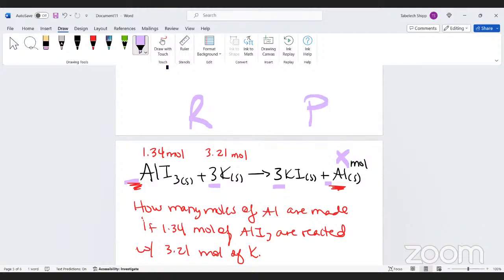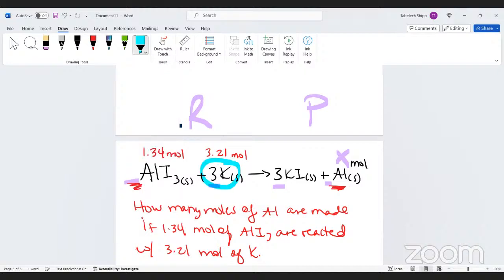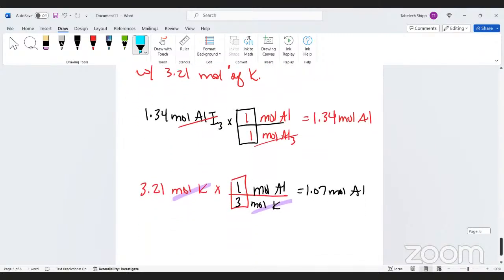If this was a limiting reactant problem, you would have to determine which one of these formulas would be the limiting reactant, meaning the one that's going to yield the smallest result. If we look at this, it is potassium, because potassium provided the smallest number, the 1.07. So yes, that is the difference there.